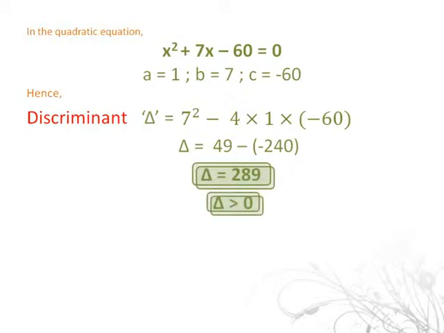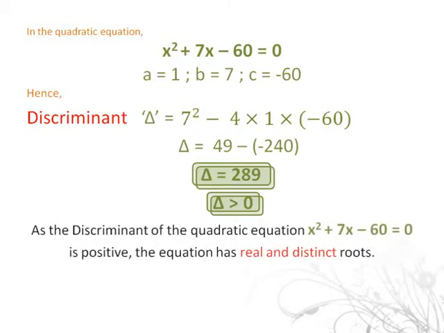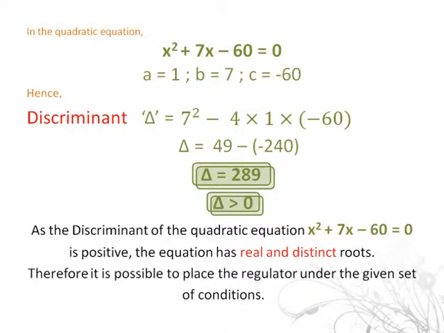That is, the discriminant is a positive number because it is greater than 0. As the discriminant of the quadratic equation x square plus 7x minus 60 equal to 0 is positive, the equation has real and distinct roots. Therefore, it is possible to place the regulator under the given set of conditions.